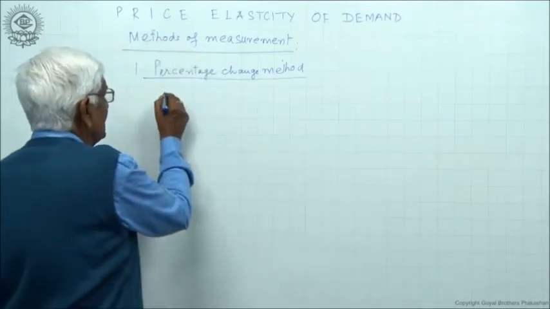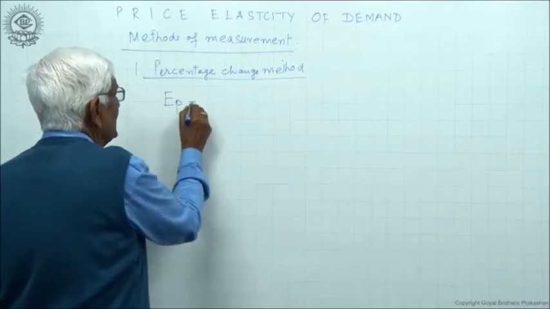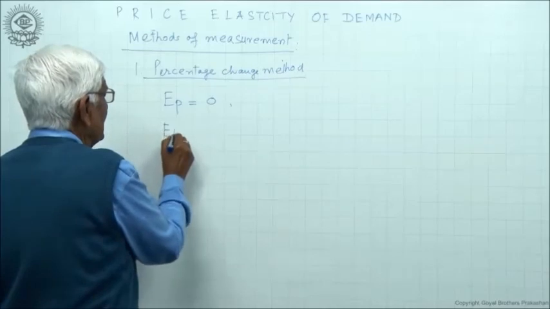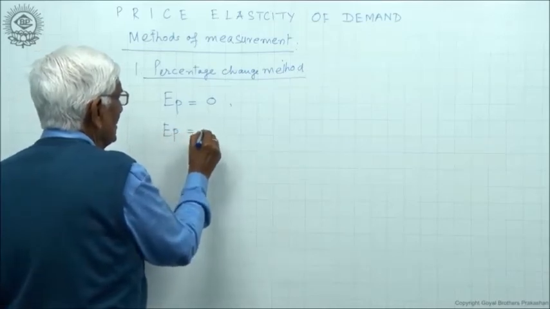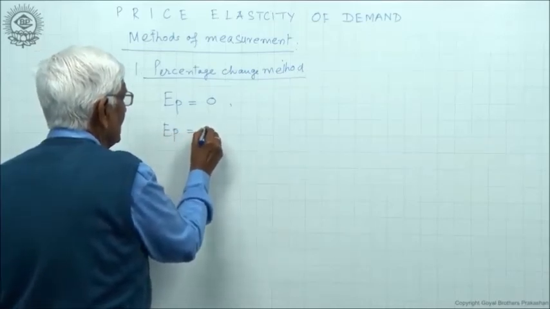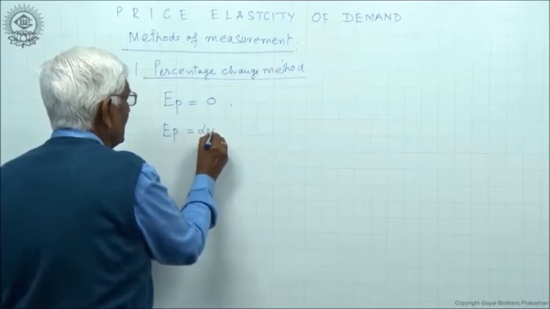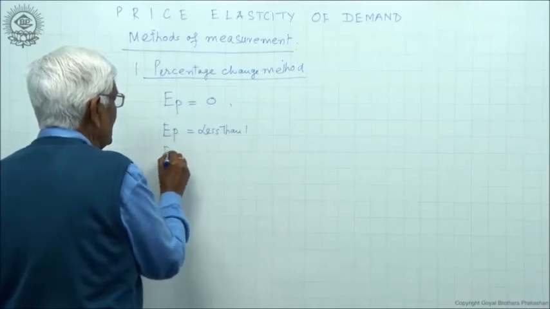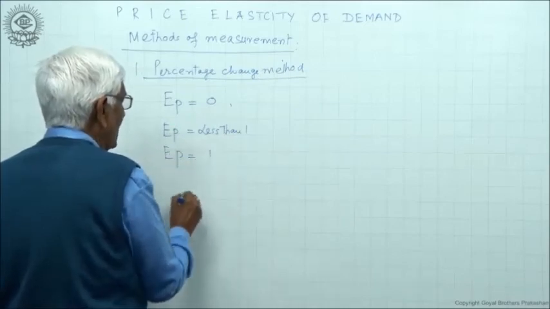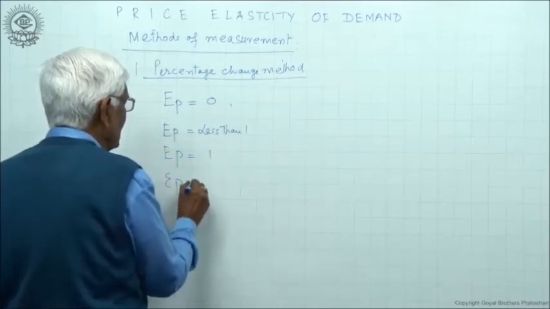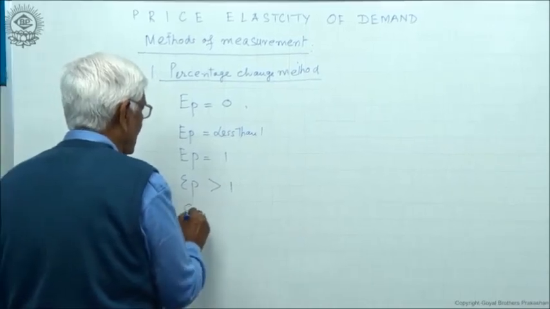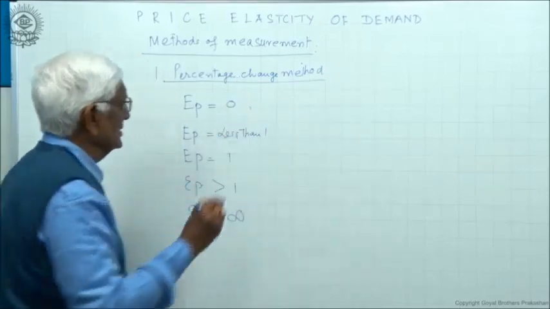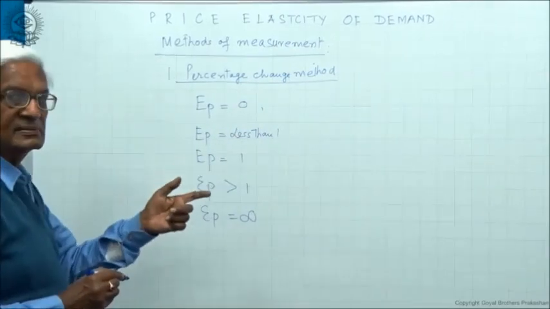We can start with when EP is equal to 0, then EP is less than 1, then EP is equal to 1, then EP is greater than 1, and EP is equal to infinity. 5 categories.